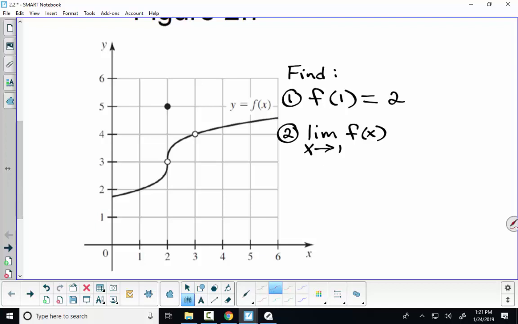When you're given a function like this, it's like your road. It's the only road you can travel on. So if I'm going to get closer and closer to this x value, I have to travel along this road. As x gets closer and closer to 1, y gets closer and closer to 2.